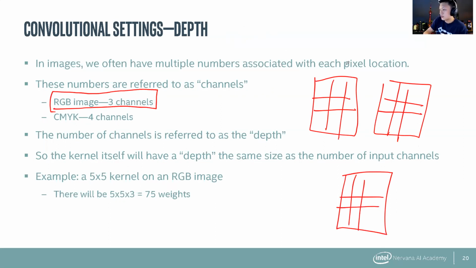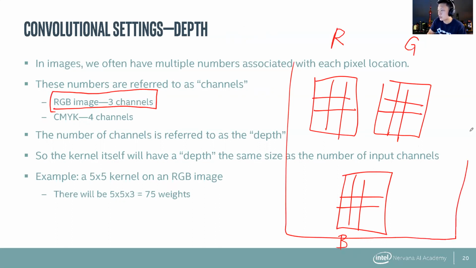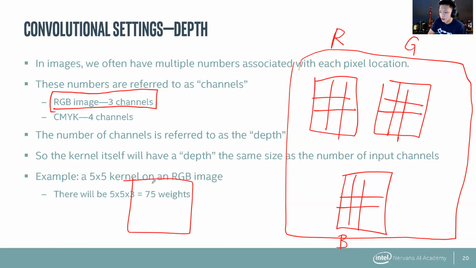You have an image for the red color, which tells you how much red is in the image. Then you have green, which is how much green is in the image. And then you have B, which is how much blue is in the image. Together, these 3 things combine to give you the original image. So you could represent your original image as an overlay of 3 channels: the R channel, the G channel, and the B channel.